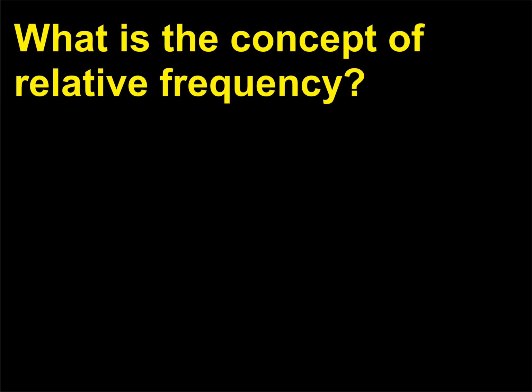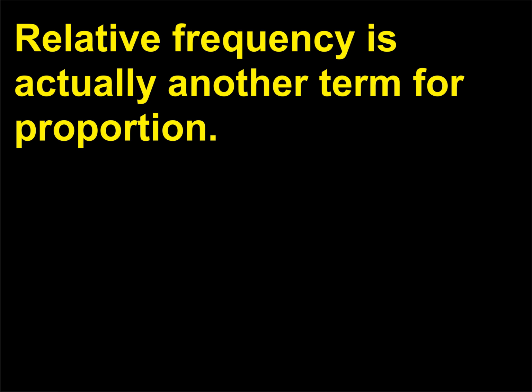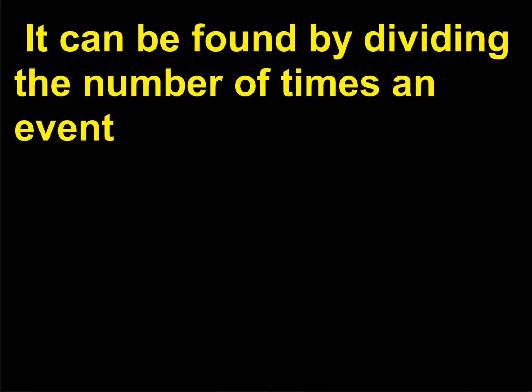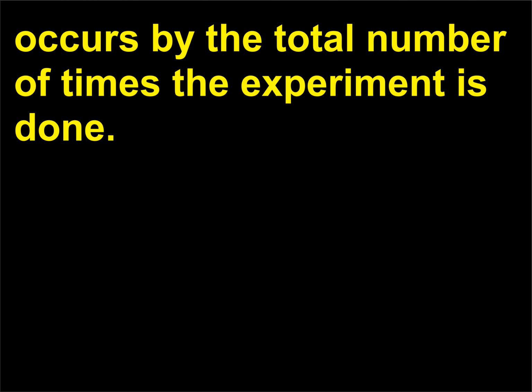What is the concept of relative frequency? Relative frequency is actually another term for proportion. It can be found by dividing the number of times an event occurs by the total number of times the experiment is done.